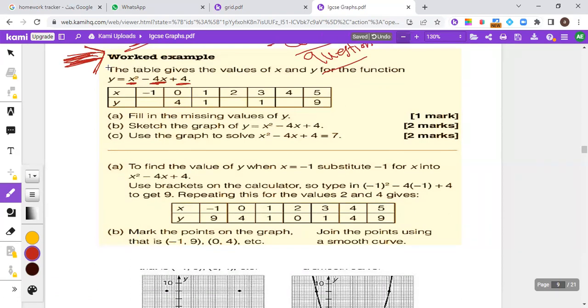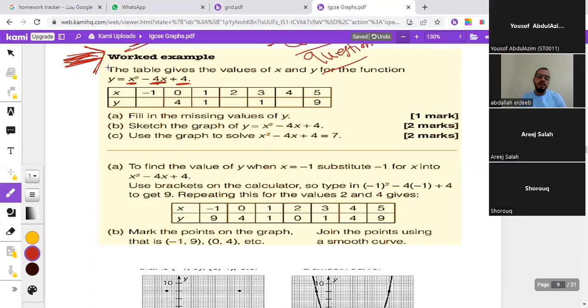Jamil, you know how to use the calculator to find the missing values, yeah? Oh yes. Can you tell me the steps? Okay.